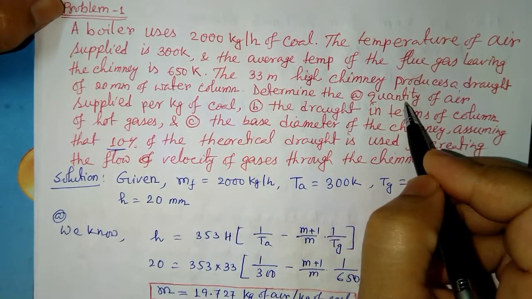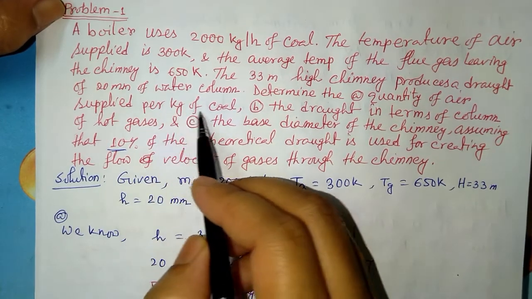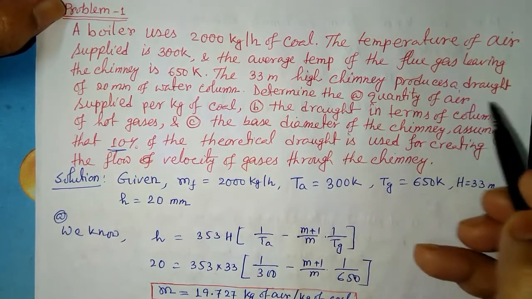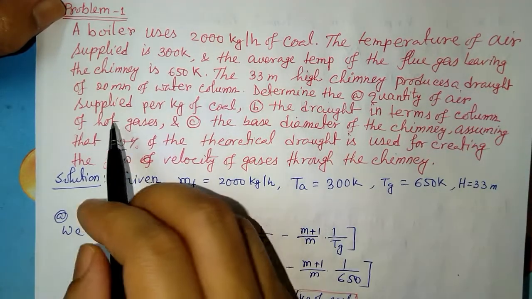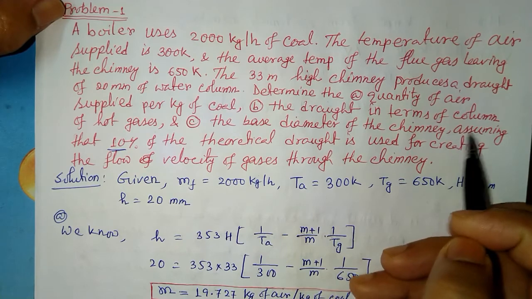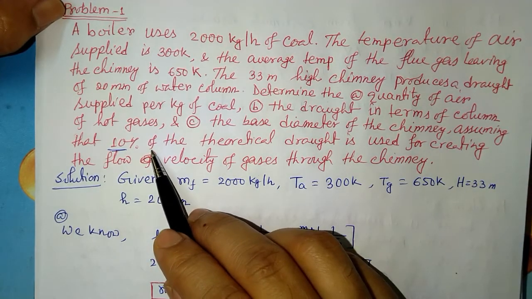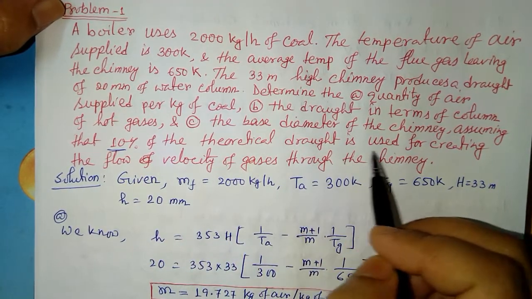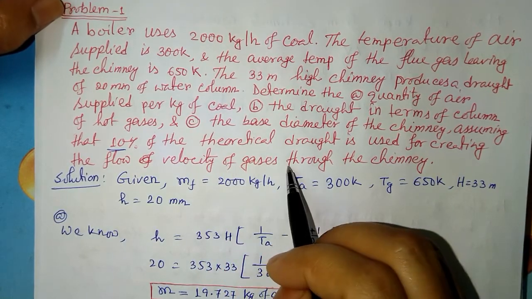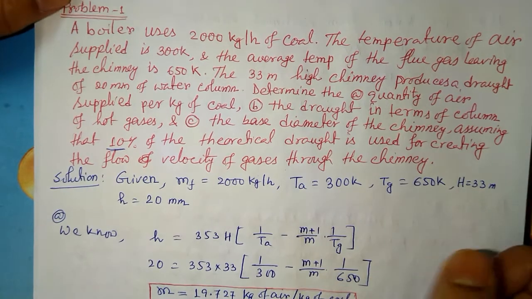Determine the quantity of air supplied per kg of coal, the draught in terms of column of hot gases, and the base diameter of chimney, assuming that 10% of the theoretical draught is used for creating the flow velocity of the gases through the chimney.